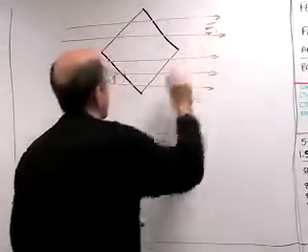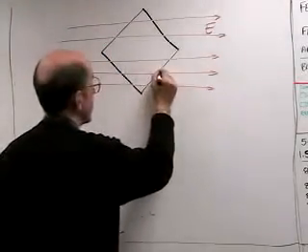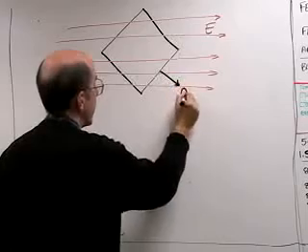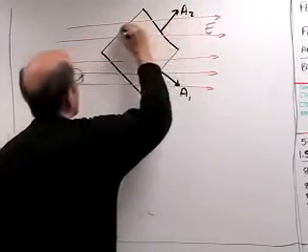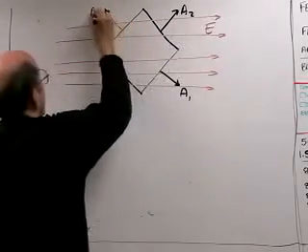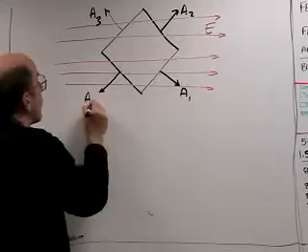So there's E. I have my 4 vectors for each of the surfaces. I'll call them A1, A2, A3, and A4.